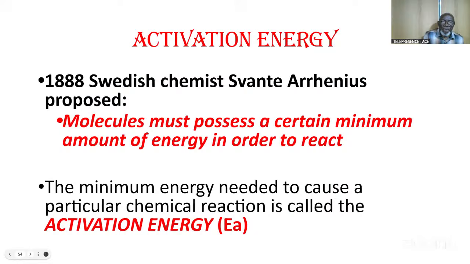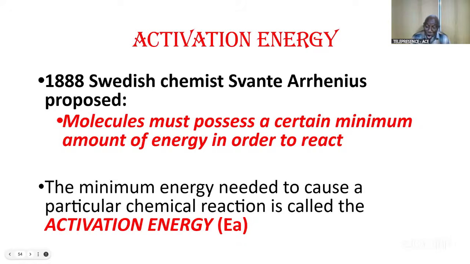Now let's talk about activation energy. In 1888, a Swedish chemist, Arrhenius, proposed the following. He said molecules must possess a certain minimum amount of energy in order to react.